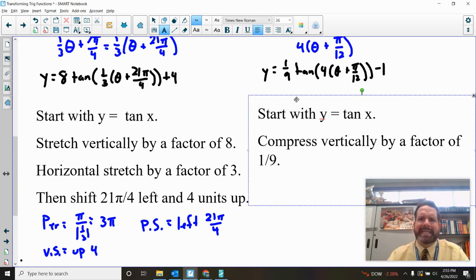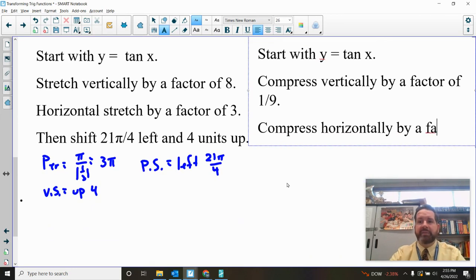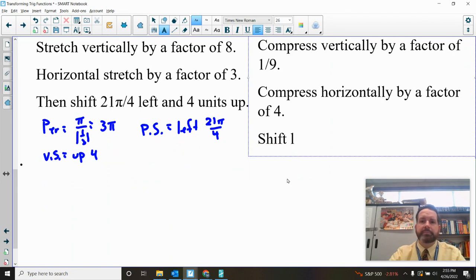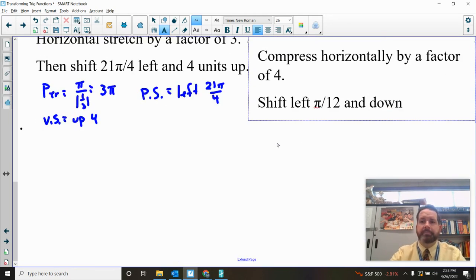Now notice that inside our b value is 4. That's going to shorten the period. So we're going to go through these tangent cycles really quickly. So we're also going to compress horizontally by a factor of 4. Now for our shifts, our phase shift, it's going to be to the left pi over 12. And down by 1. There you go.